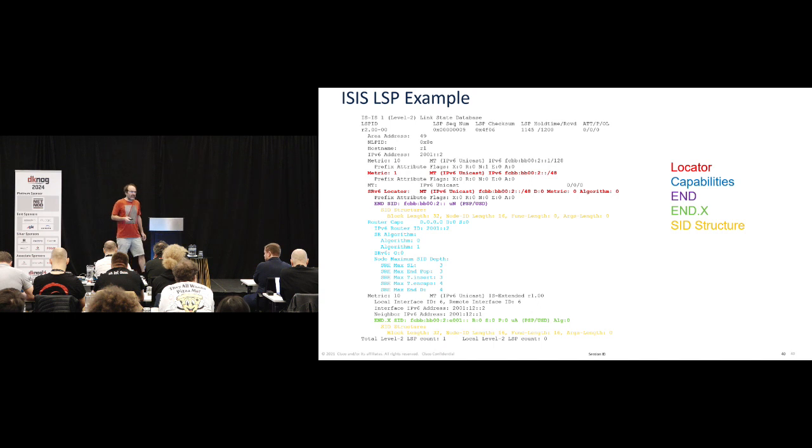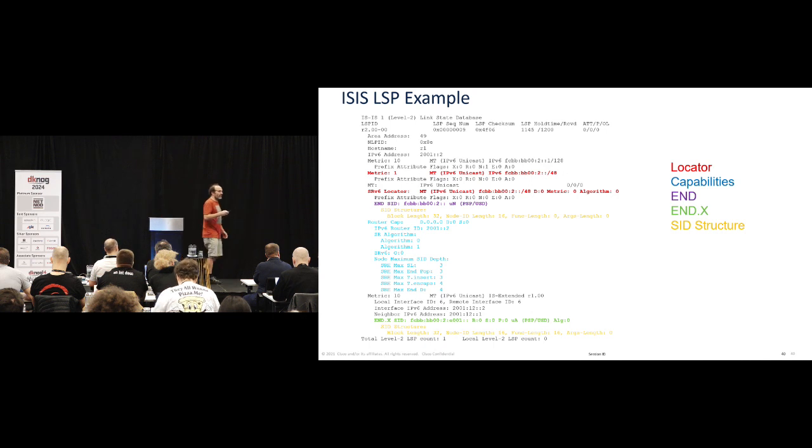This is an example of what we are doing. I'll just stop here. Well, you see, we are actually advertising the locator twice. Why is that? Why are we advertising the locator twice? Now, some people are not supposed to answer because they've seen this presentation already.